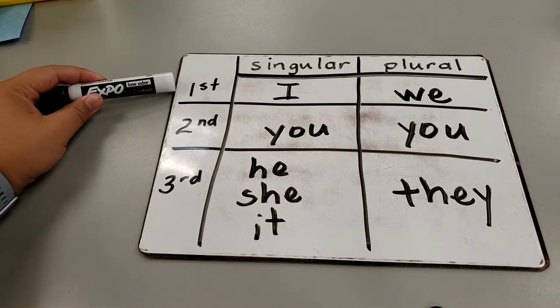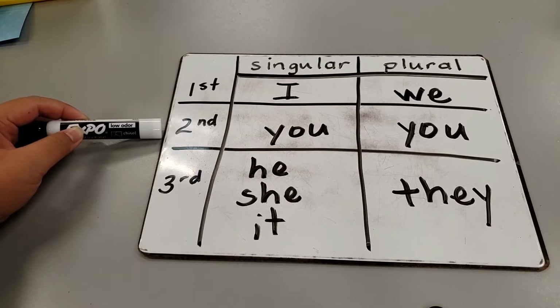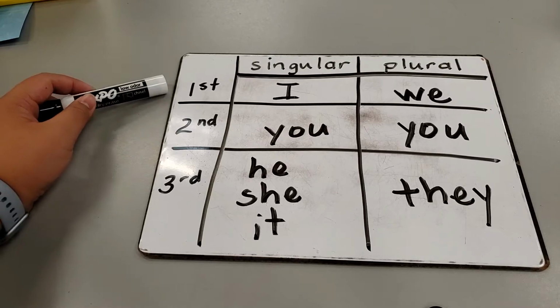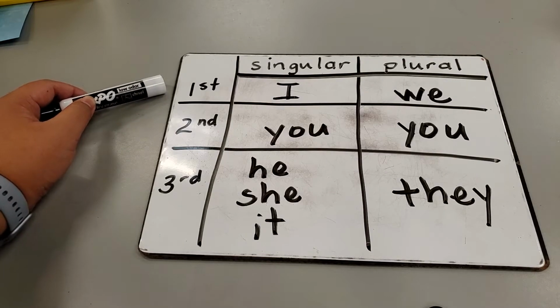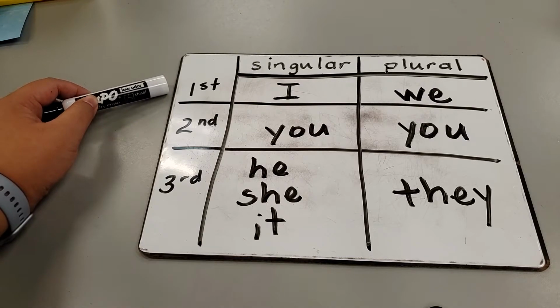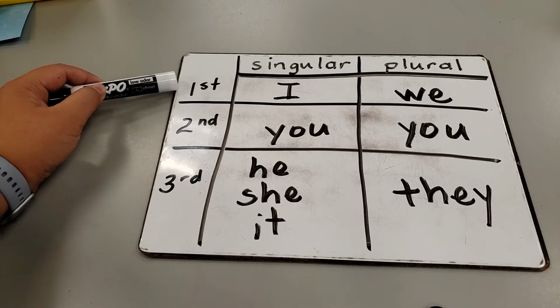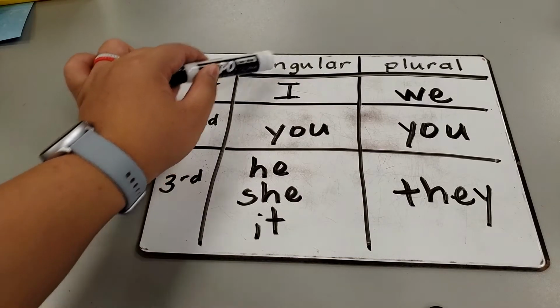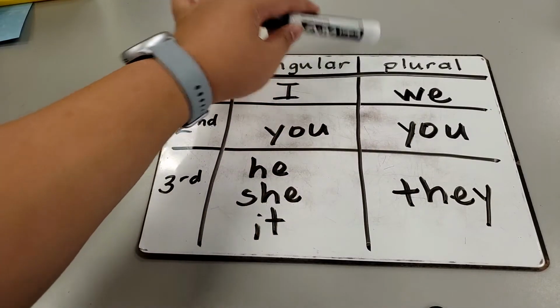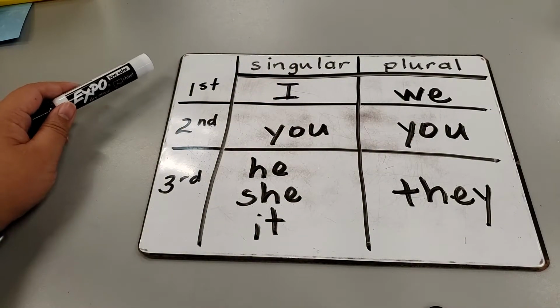We have first person, second person, and third person. First person is all about me. So if I wanted to replace the noun with a pronoun and I'm talking about me, I would use I, or we if I'm talking about more than one person with me.